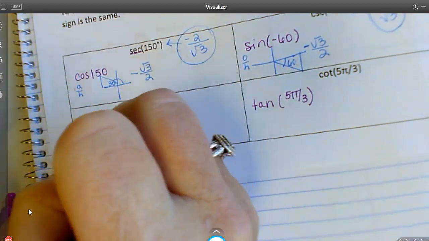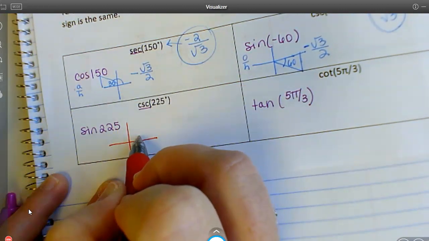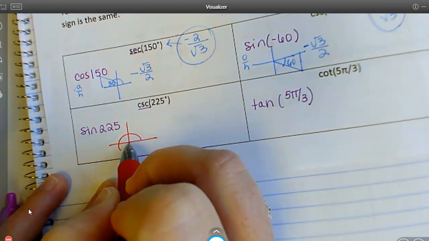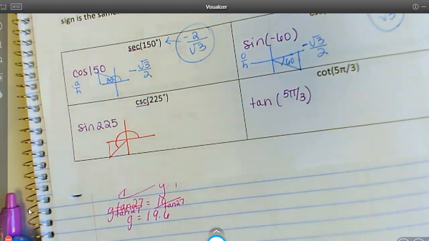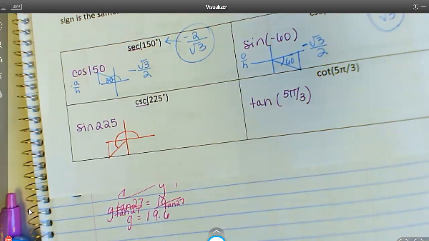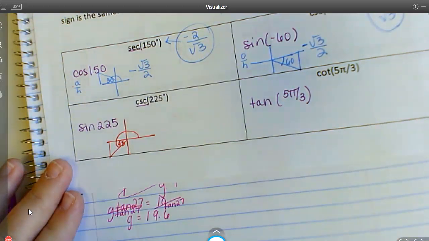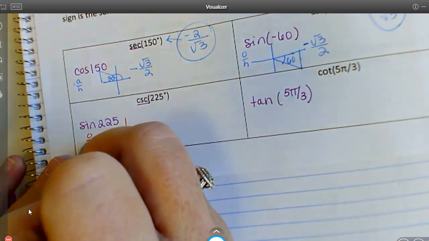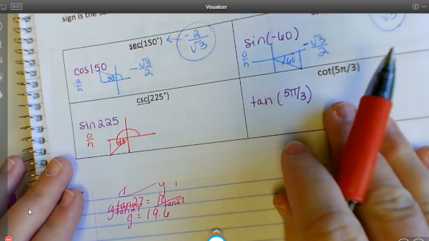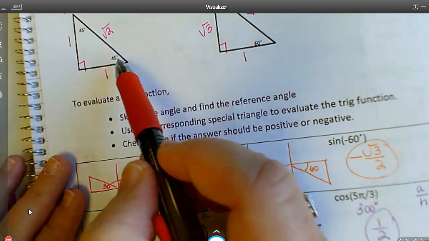Sine of 225. So 225, it'd be after 180 but before 270. And even though you don't want to subtract 225 and 180, you know again that it's a 45 because it's got that 5 on the end. It's got to be the 45. And sine is O over H. So here's 45.